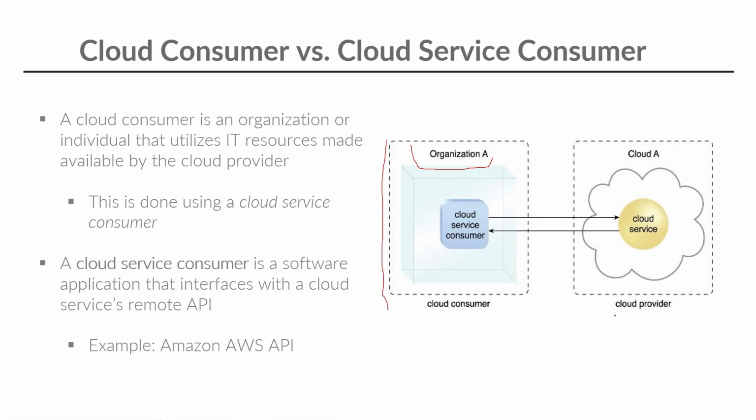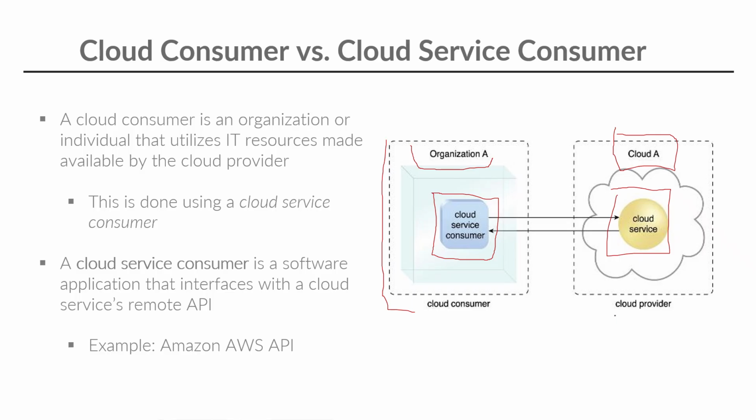So a cloud consumer, which is the organization A, interacts with a cloud service from a cloud provider, that resides within cloud A, using a cloud service consumer to access the service.